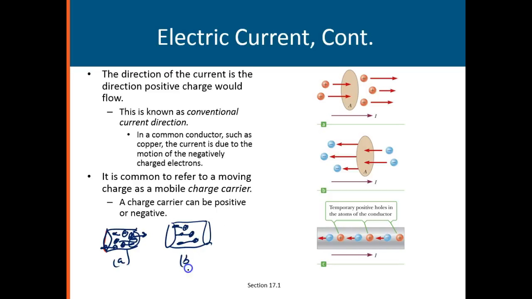That's B. Here's C. You have a negative moving this way, a positive moving that way, another positive moving that way, and a negative moving this way. Okay? And I'm going to do D over here. What we have is a negative moving that way and a negative moving that way. That's D.